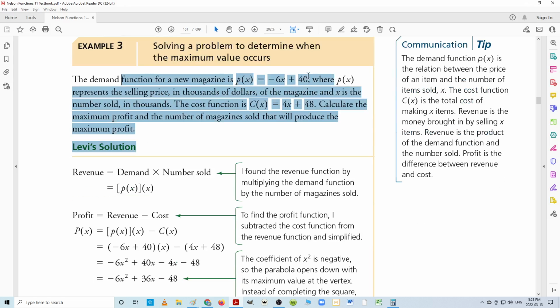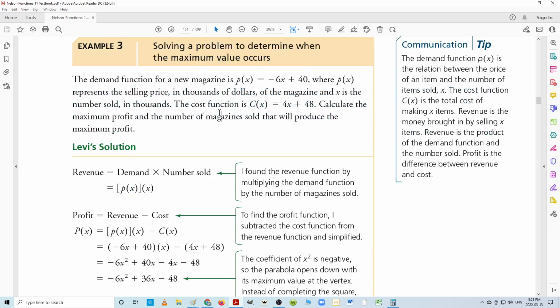And then they have a demand function. So demand is usually based on a price and how many you're going to sell. And then the cost is usually how much it costs you to produce it. And profit is always going to be equal to revenue minus cost.